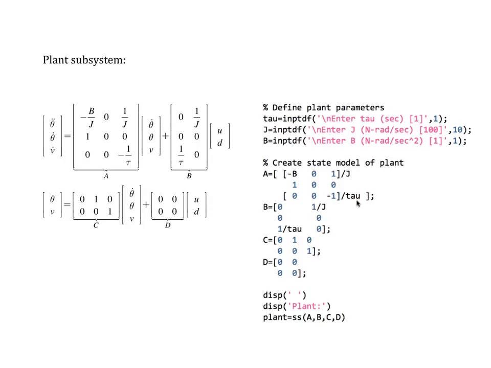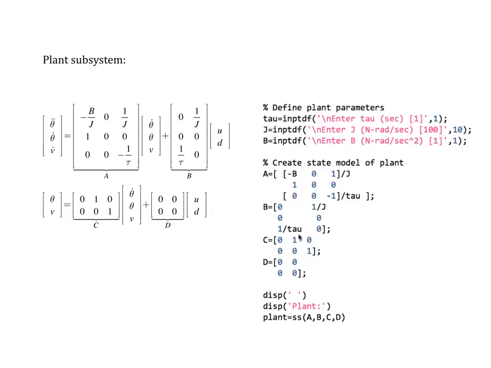Here's the MATLAB code that I generated to actually develop those state model matrices. You can see here that first I use the input df.m function that I wrote once again to determine a value for tau, a value for j, and a value for b. Once those values are obtained, I define the state model matrix A, and this is simply the MATLAB way to write that the A matrix I wish to generate is the A matrix here in the square brackets on the left.